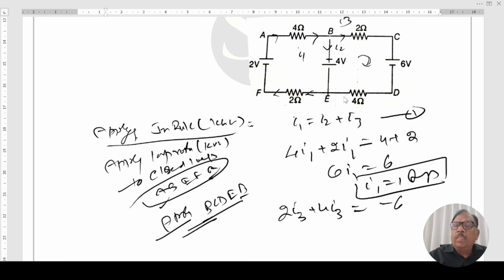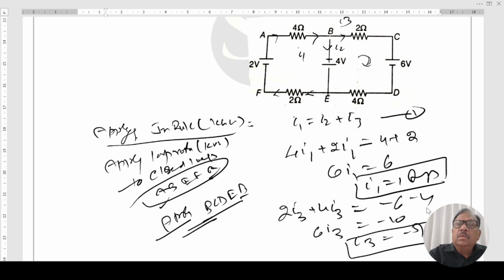This comes out to be minus 4. 6I3 equals minus 10. I3 comes out to be minus 5 by 3. I3, we are considering this one.